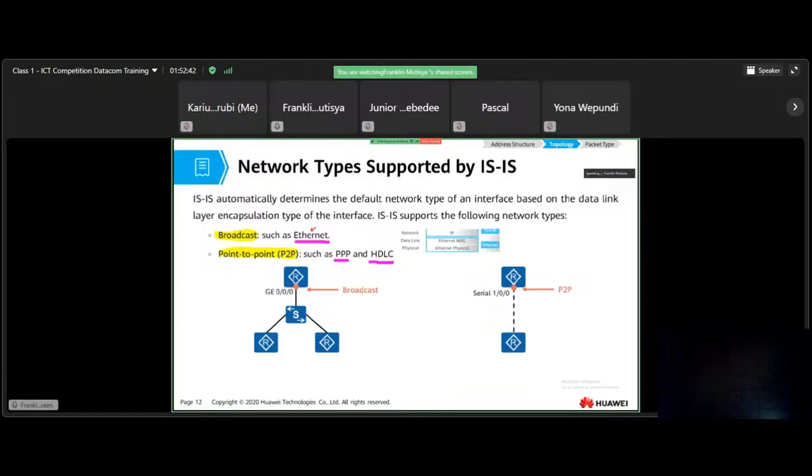So the underlying layer 2 or data link layer protocol is Ethernet. For point to point, the data link layer protocol is PPP or high level data link control protocol. So the underlying layer 2 protocol defines the type of ISIS network that is going to be realized.